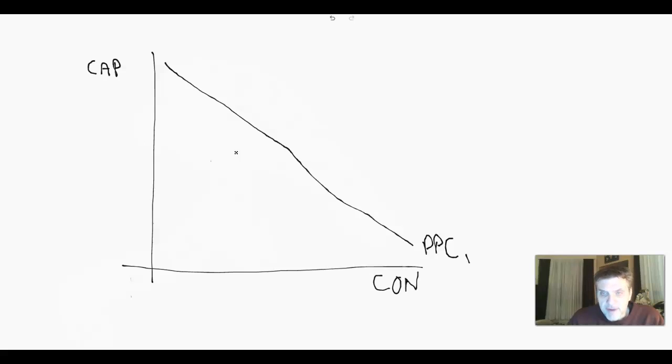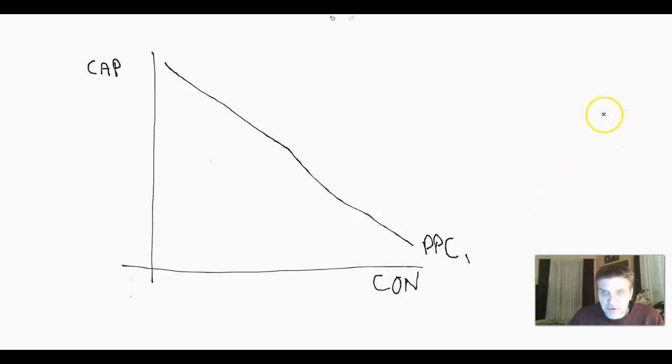Now, notice I have capital goods here on the vertical, consumer goods here on the horizontal. What the prompt asked you to do was to label a point W to reflect the unemployment rate that you calculated way back in, I believe, part A or B of that question.